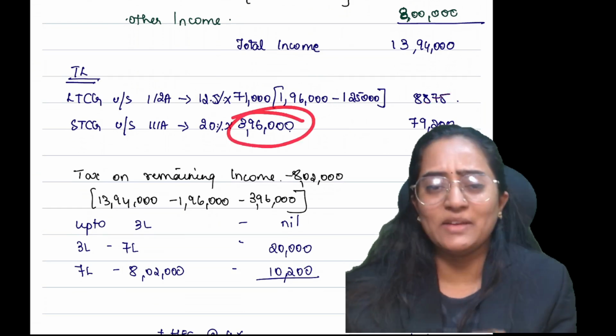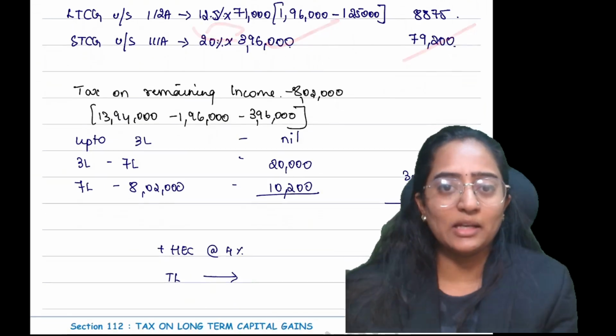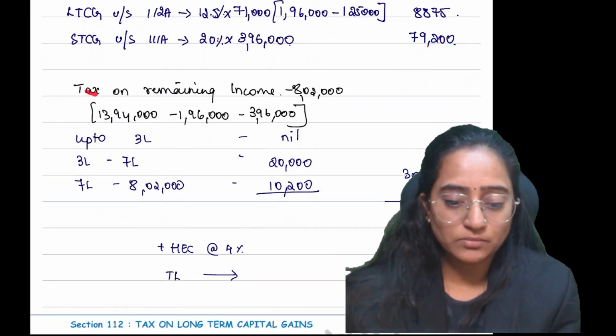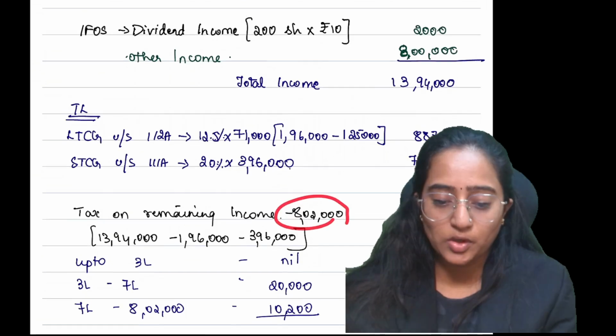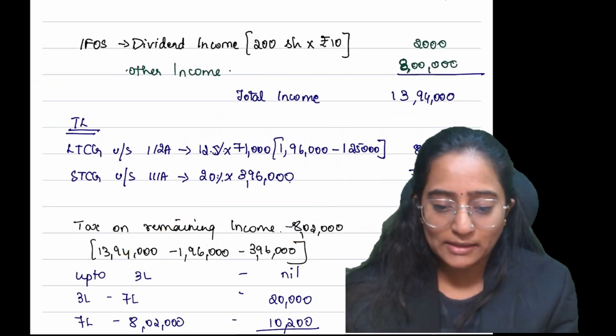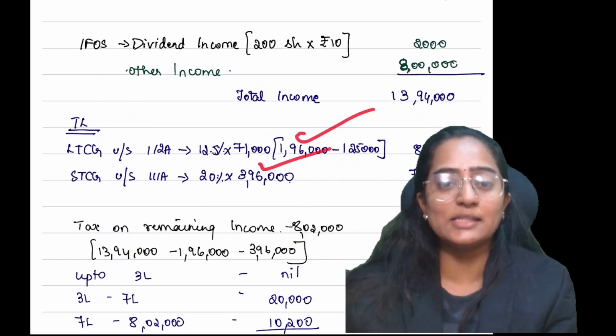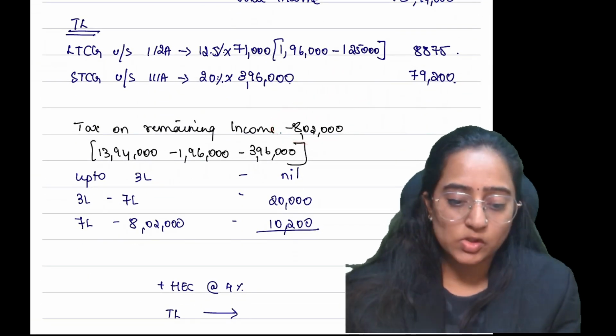And here you don't have any such exemption. So 3,96,000 into 20% you have taken, 79,200 you have considered. Tax on the remaining income, 8,02,000. How did you get this one? Out of 13,94,000, you subtracted 1,96,000 and 3,96,000, remaining is 8,02,000.